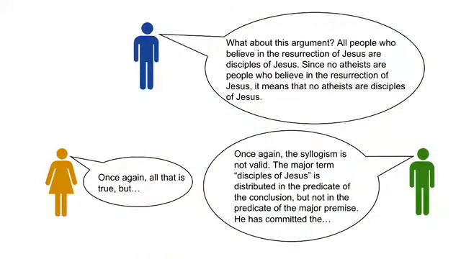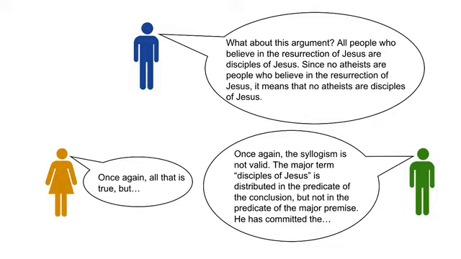So our fellow in blue says, well, what about this argument? All people who believe in the resurrection of Jesus are disciples of Jesus. Since no atheists are people who believe in the resurrection of Jesus, it means that no atheists are disciples of Jesus. Girl in Gold says, once again, all that is true, but, and the guy in green says, yeah, well, once again, the syllogism is not valid.